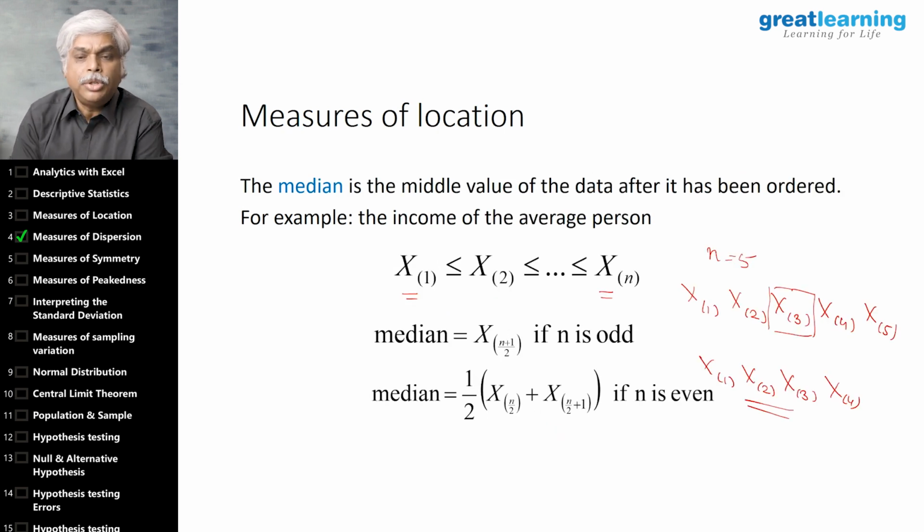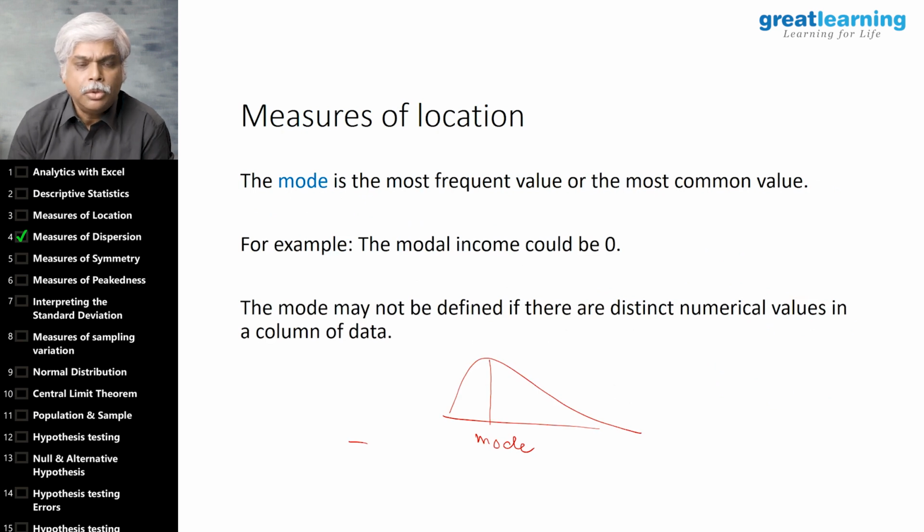We have referred to the median, which is the income of the average person, so to speak. Sort, arrange, pick off the middle, with the slight caveat of a little calculation being done if the middle is even. One also refers to the mode, which is the most frequent value if such a value exists in the data.